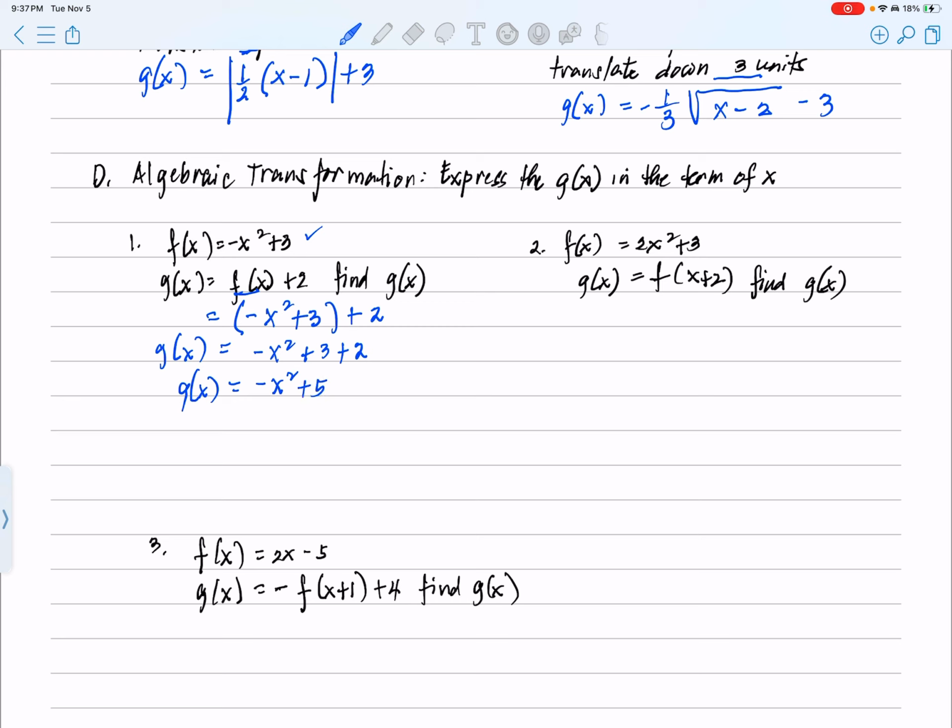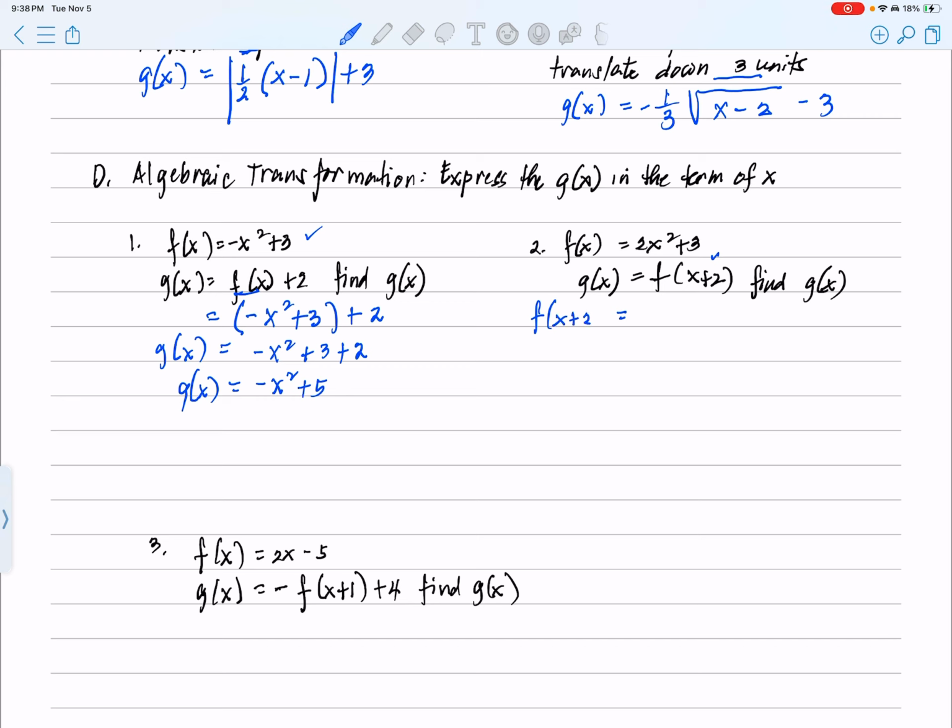Simple as that. Number 2, g of x is equal to 2x squared plus 3. So this x right here, we're gonna replace that. So that would be making the f of x as x plus 2.